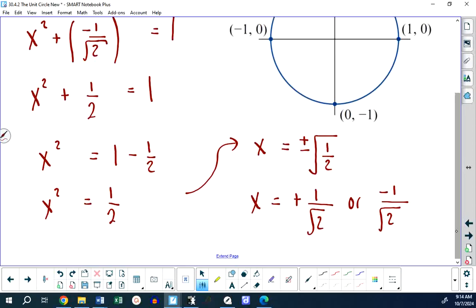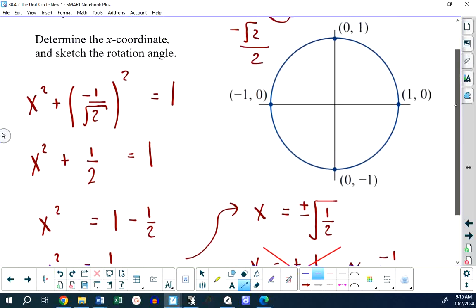So first of all, since you were told it's in quadrant 3, we can kick this one over the boards, because in quadrant 3 x is negative. And secondly, notice this is the same as the y coordinate, isn't it? And this will be useful for later. The only way the x and y coordinates can be equal, I'm just going to put a point here. Would you agree that the x and y coordinates are different there?